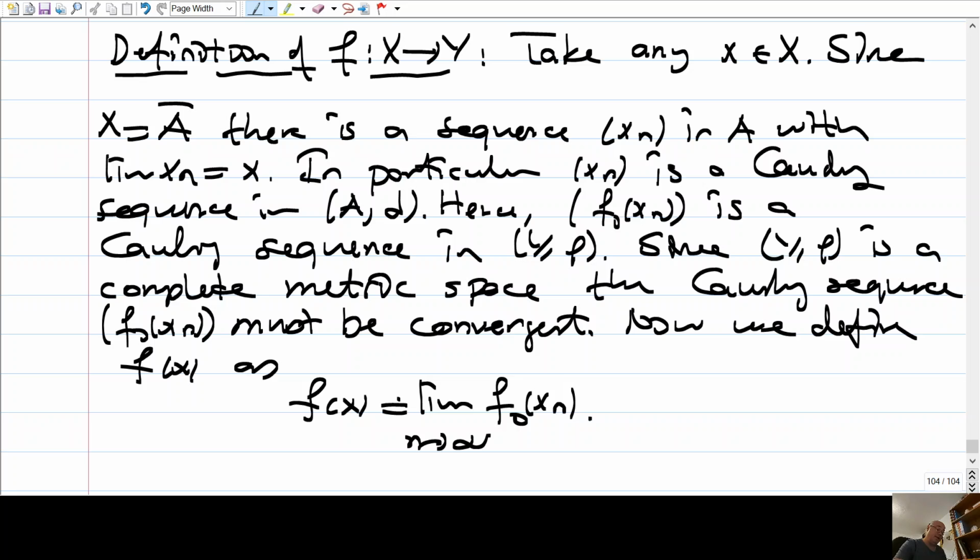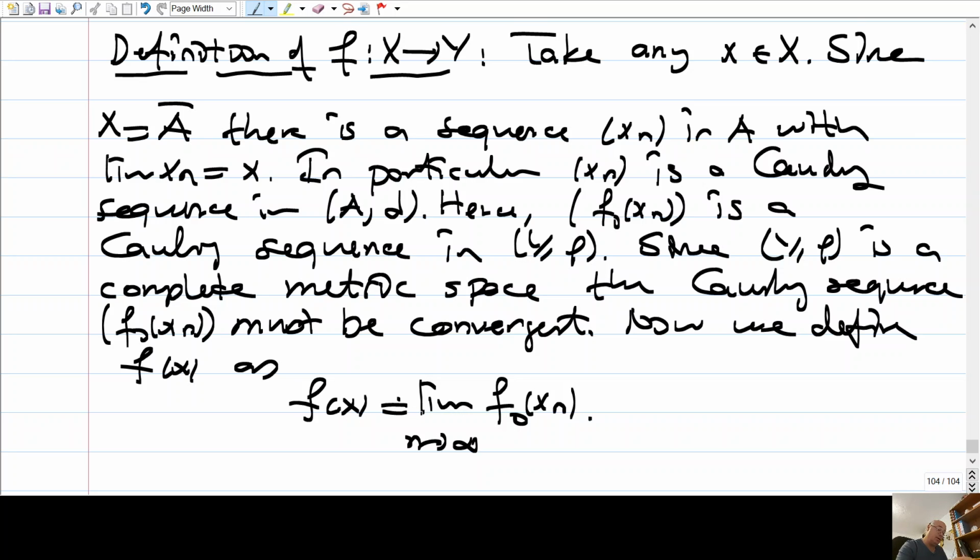But you should immediately object to this definition, right? Why is that? Well, I used some representatives to define this value. I picked an element x, but then to define its value, I used a sequence xn in A converging to x. What if somebody takes another sequence converging to x and uses that sequence to define the value of f?